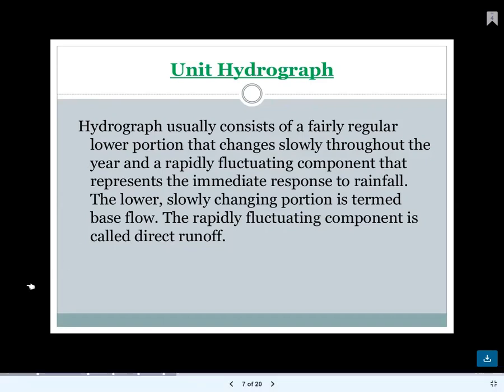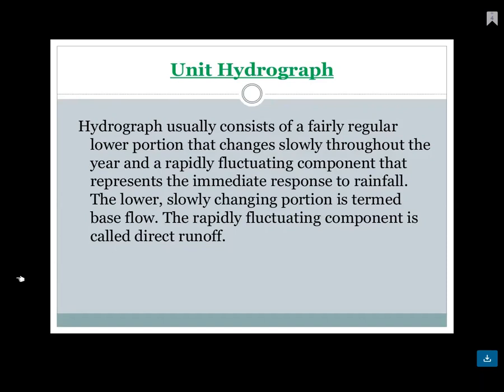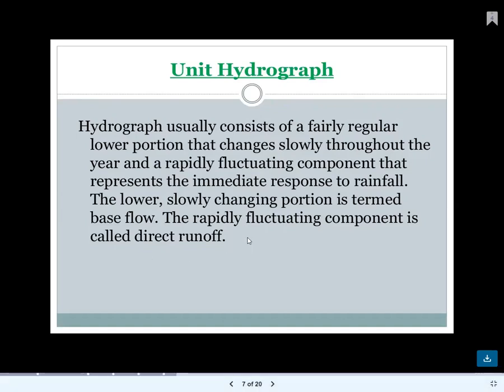Okay, the unit hydrograph is nothing but the graph between the time and discharge, and it is shown by the graphical method. The lower slowly changing portion is termed as base flow. The rapidly fluctuating component is called a direct runoff. Means the units of time are hours, days or months, which are expressed on the x-axis.